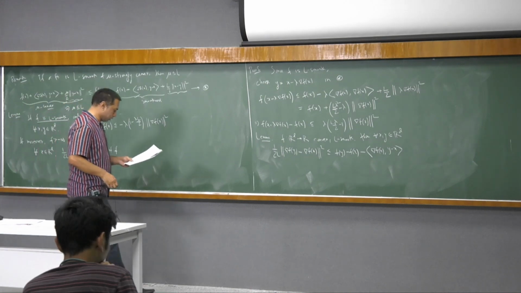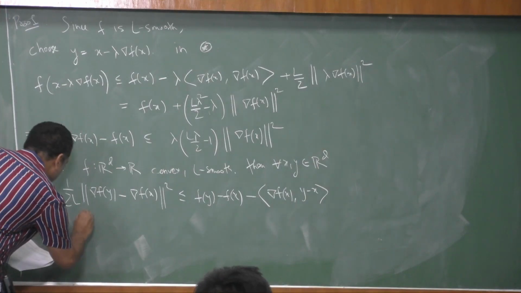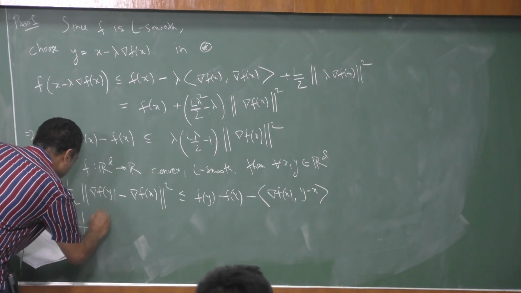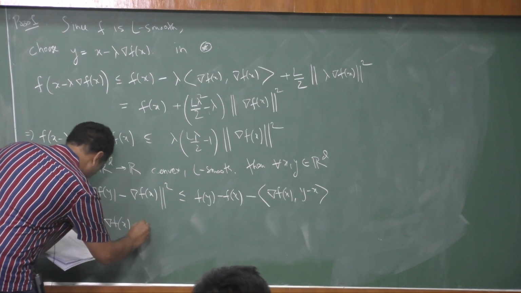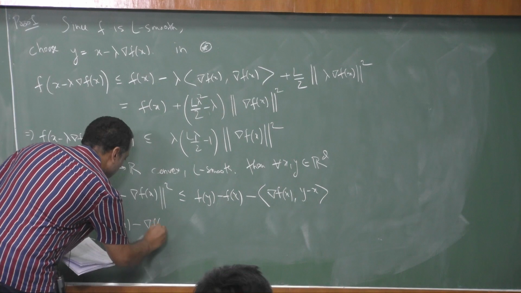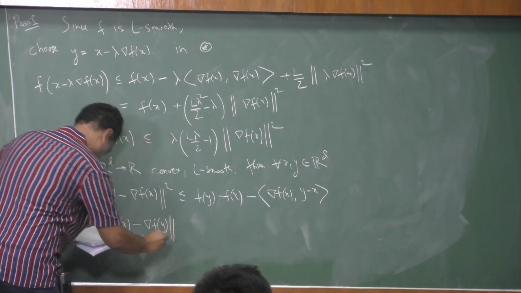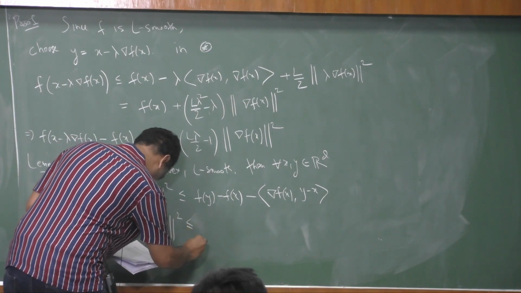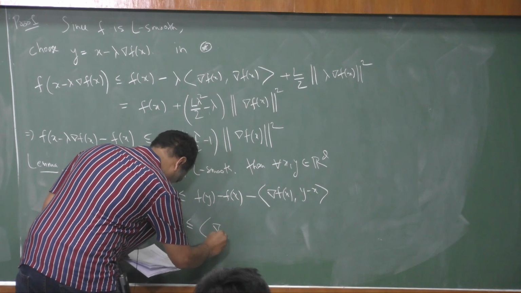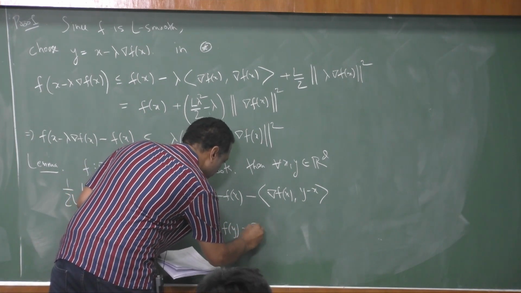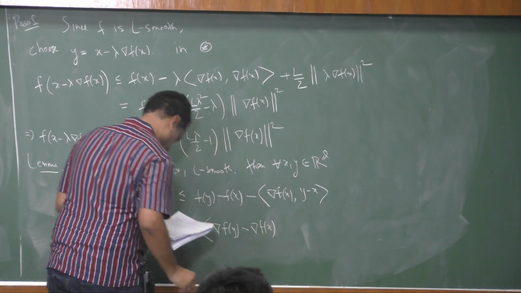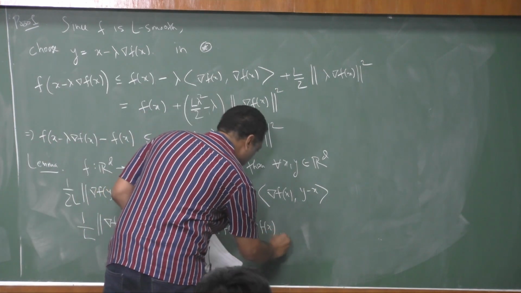And the second part also we have is 1 by L norm grad f(x) minus grad f(y) squared is less than or equal to grad f(y) minus grad f(x), comma y minus x.